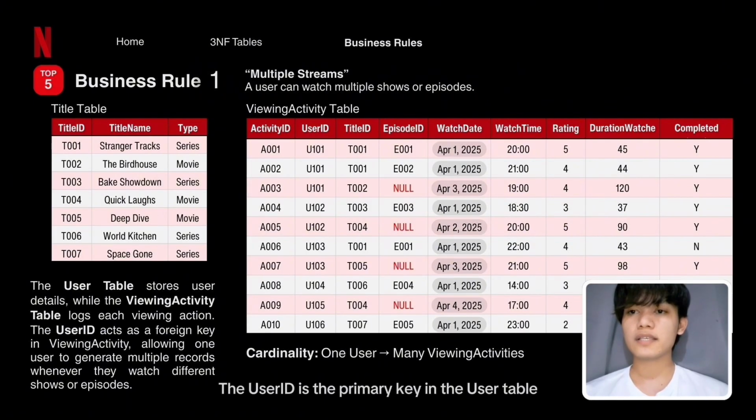The user ID is the primary key in the user table and serves as a foreign key in the viewing activity table. Since each activity is logged as a new record, a single user can be associated with multiple activities. This creates a one-to-many relationship between user and viewing activity, fulfilling the rule that a user can watch multiple shows or episodes.